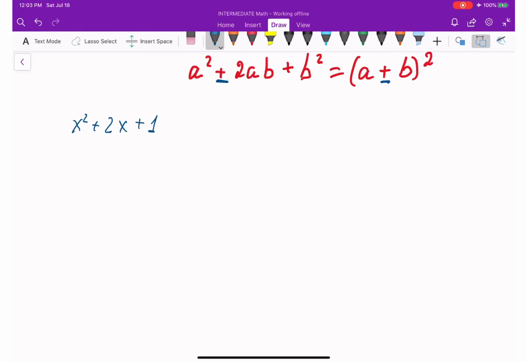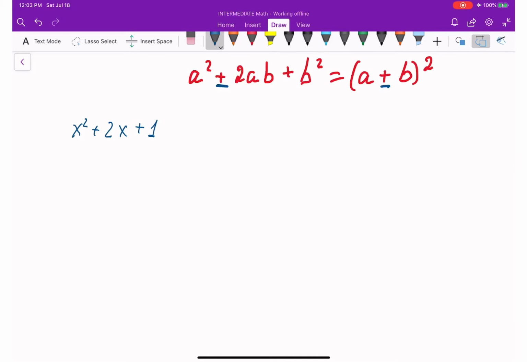First of all, it's obviously a quadratic expression, a trinomial, but it doesn't mean that every single quadratic trinomial expression can have this perfect square applied. How do we understand when you can apply it, when you cannot?